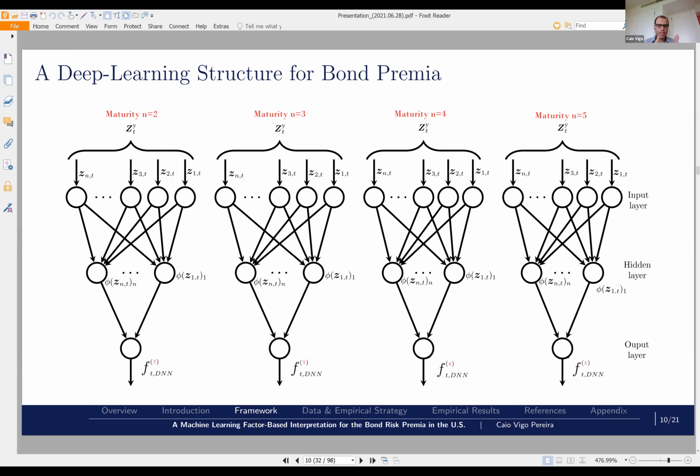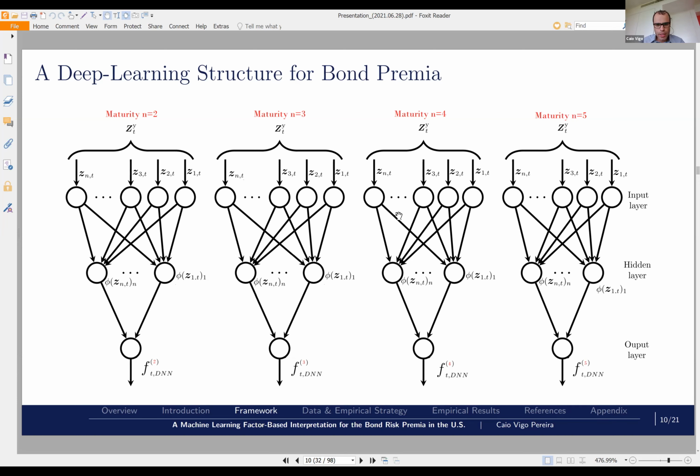And this is done at each T, and it's sequential learning. As new information arrives, you redo the whole process. At the end of the day, you're going to have a vector of Fs. These are the hidden factors that will be used to do the linear combination. That's the idea. So this is the first stage, and this is the second stage of the process.